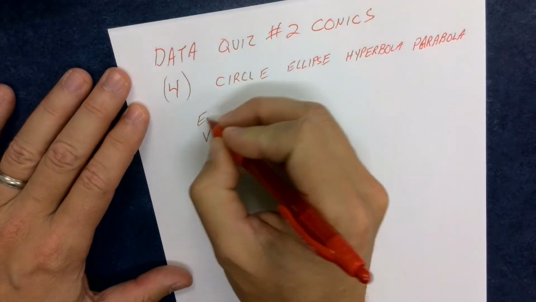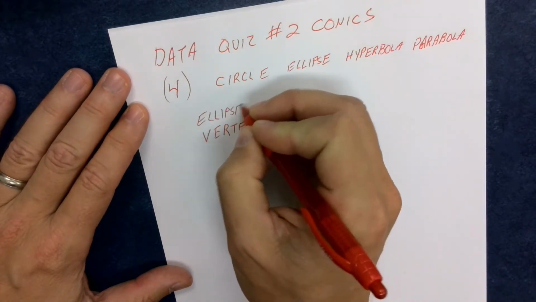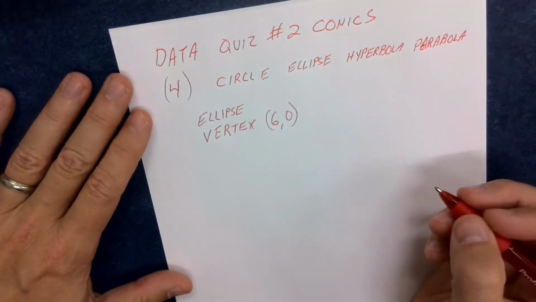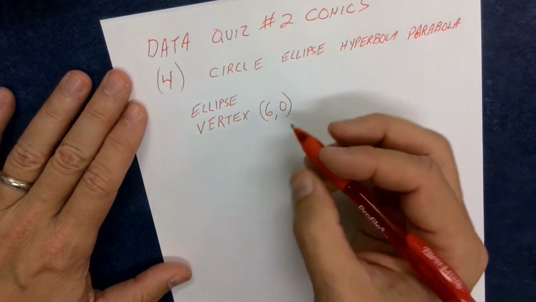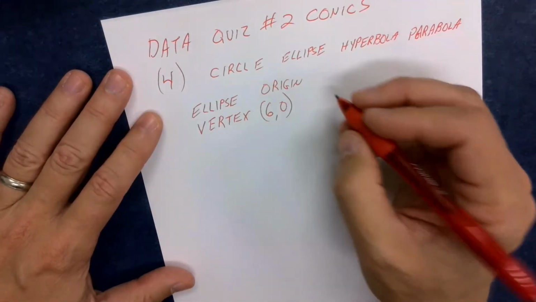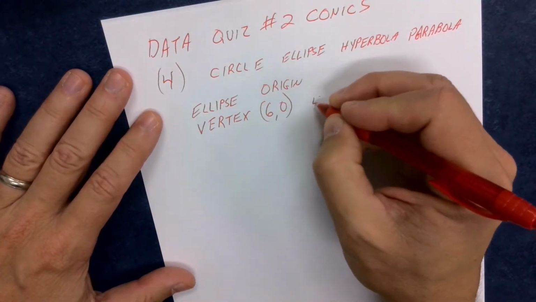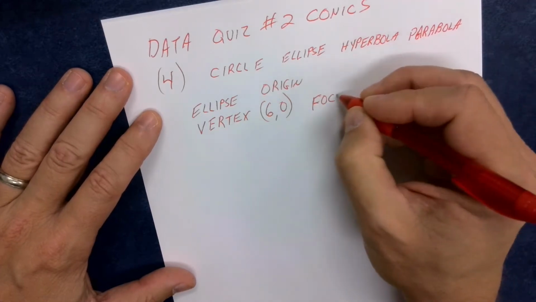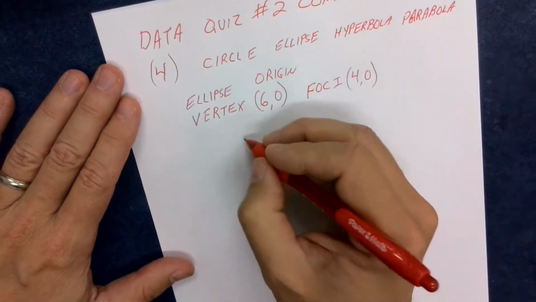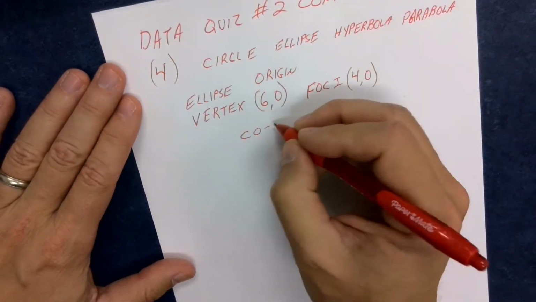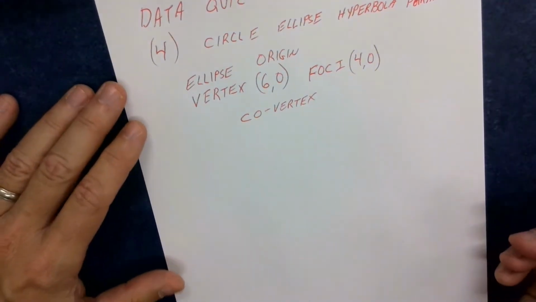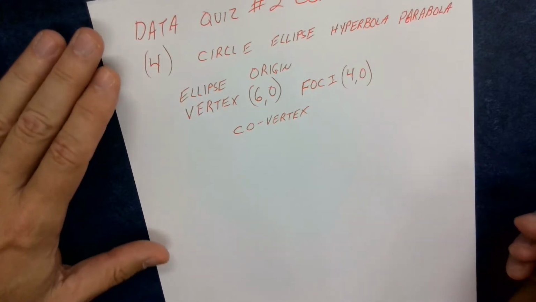Okay. So if I told you something like this, if I told you that there's a vertex for an ellipse at, say, 6, 0, and it was centered at the origin, and there was a focus, foci at 4, 0, and I said, hey, tell me what a covertex is. Hopefully you could do that, and basically you'd set up something like this.